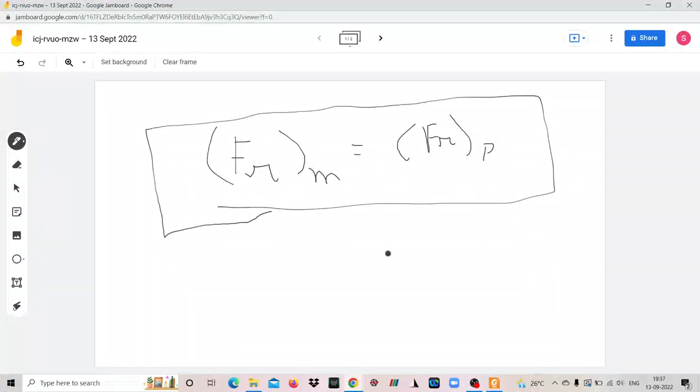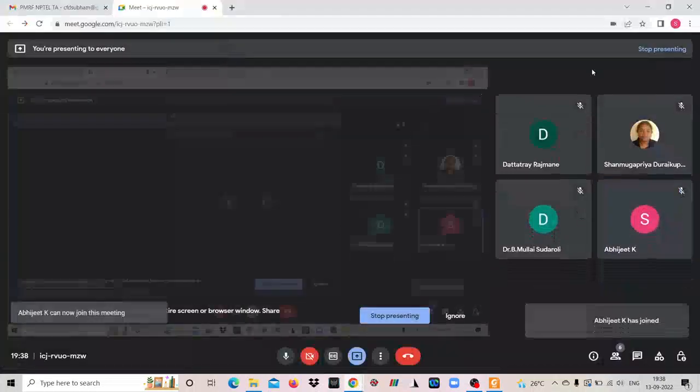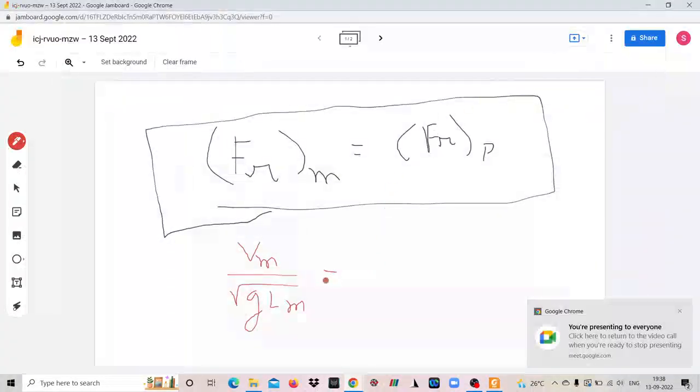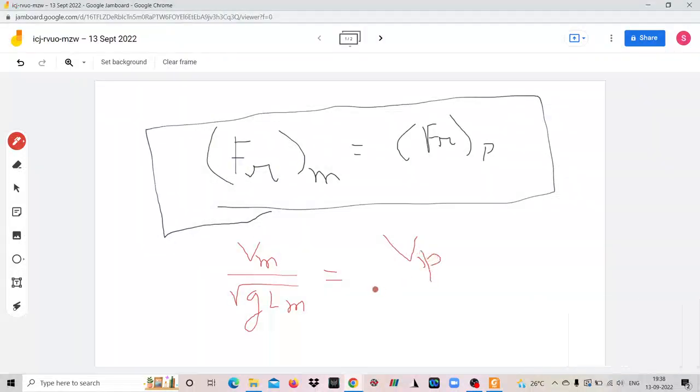Now Froude model law: the Froude number of the model can be written as velocity of the model Vm divided by square root of G times length scale of the model Lm, is equal to the Froude number of the prototype, Vp divided by square root of G Lp.